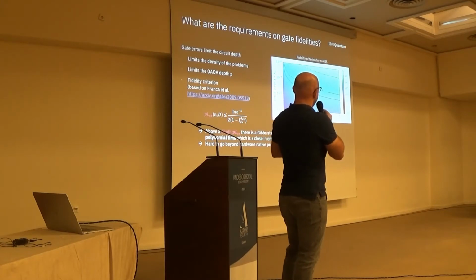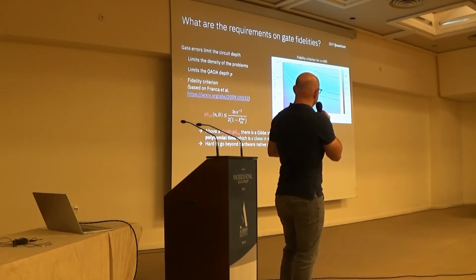So to run QAOA on almost 400 qubits, this is with depth 3, this is the required fidelity if your problem has this density. This means here you're already well below 10 to the minus 4. Currently we are somewhere around 10 to the minus 3.